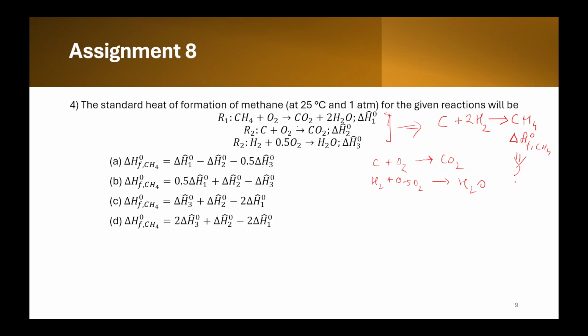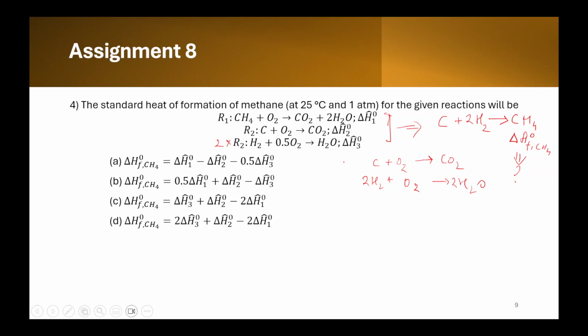Look at this: on the product side, CO2 has 1 mole, but H2O has 2 moles. So you multiply this by 2. So this will be 2H2 plus O2 giving 2H2O.